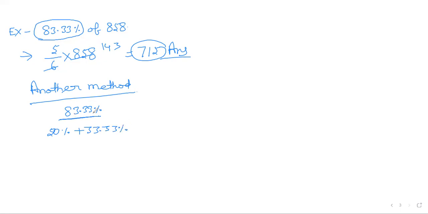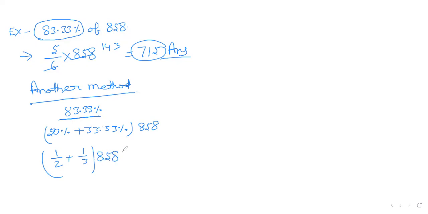Just break this large number into numbers which are convenient for us. The value I remember, always remember: 50%. Anybody can get 50% easily, 1 by 2, and 33.33% easily, 1 by 3, right?